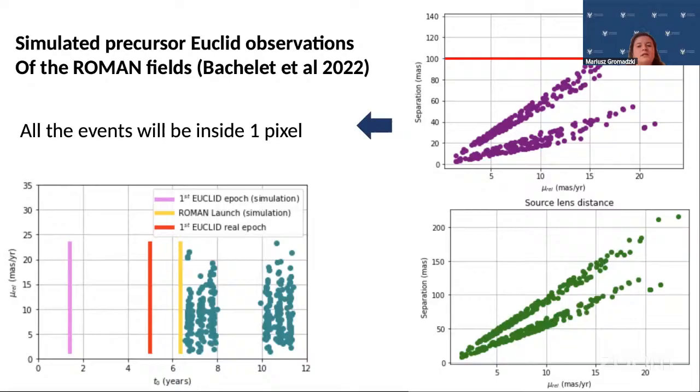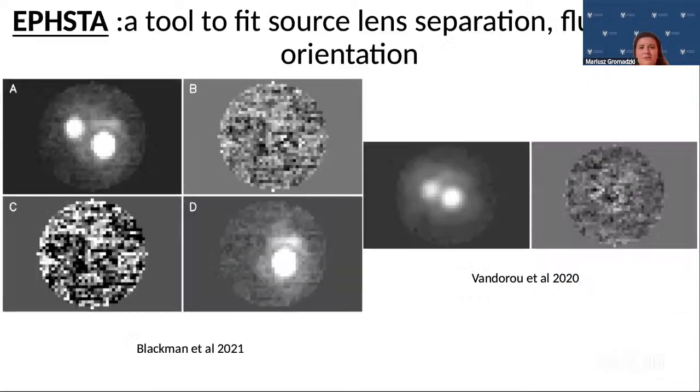So this means that we need new tools. Also, it took us 10 years for 20 events. So we need new tools to be able to go faster and actually derive precise mass and distance measurements.